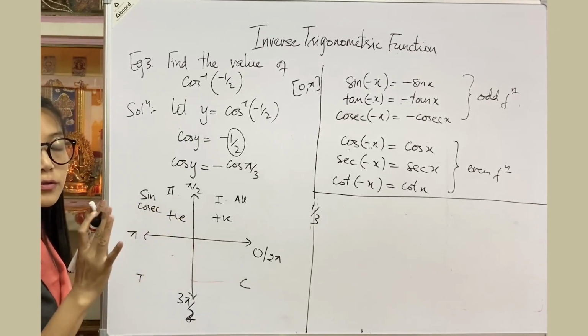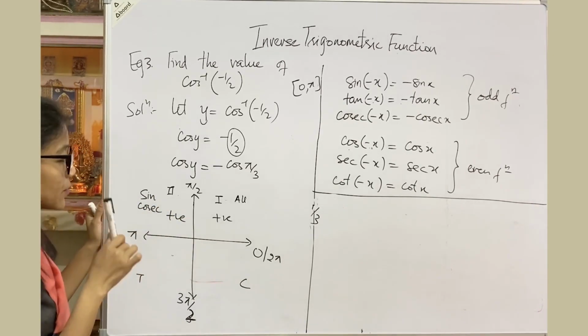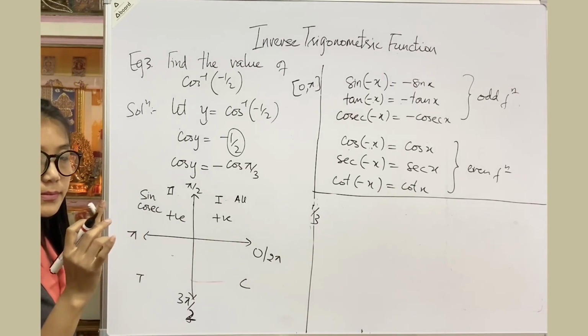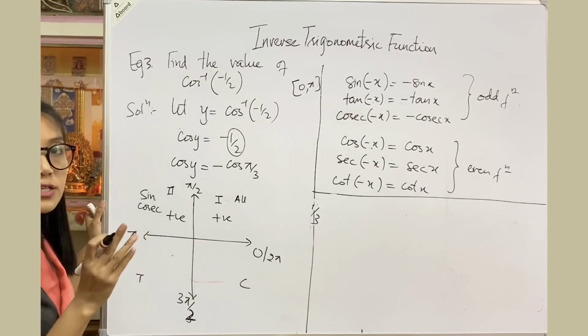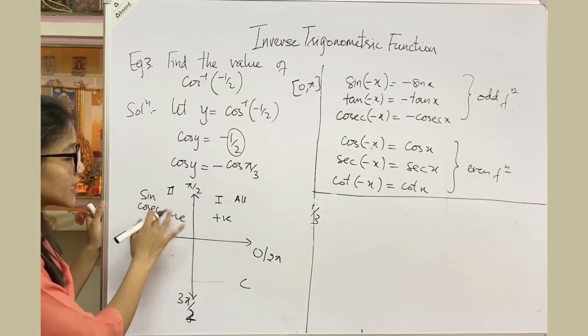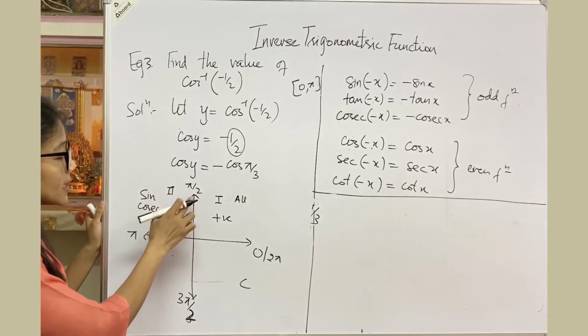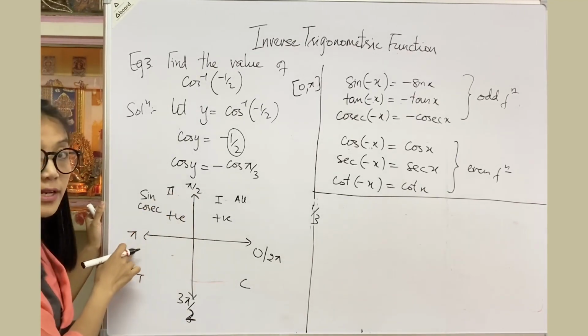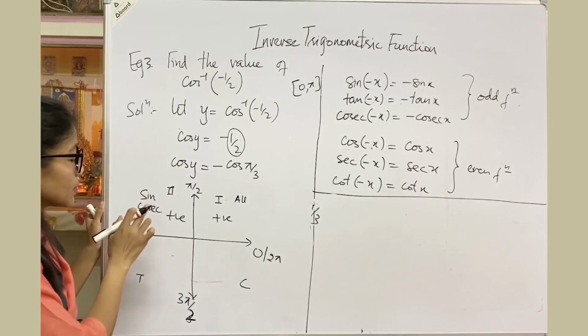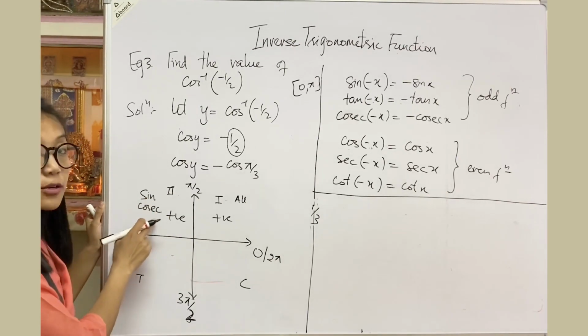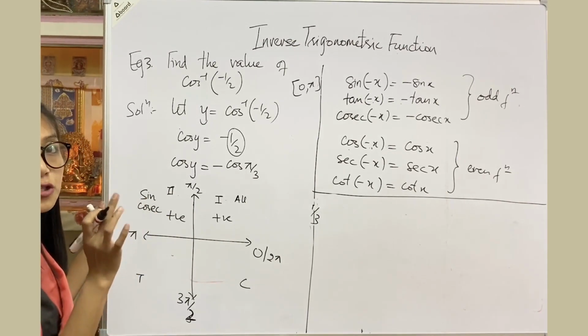The rest 4 trigonometric functions are negative. So cos, sec, tan, cot, all these 4 are negative. When the angle is between 90 to 180, you will get positive values for sine and cosec, and negative for the other 4 trigonometric ratios.